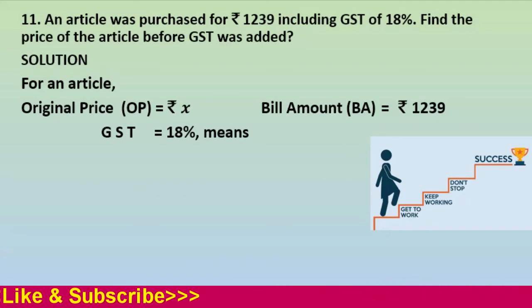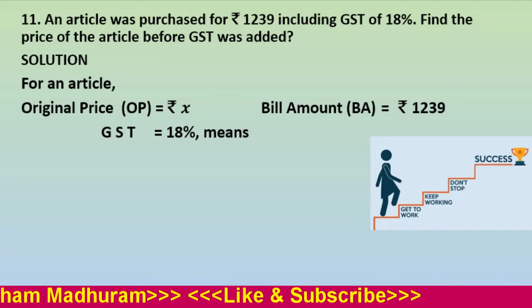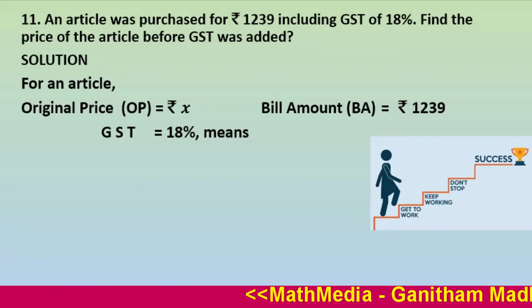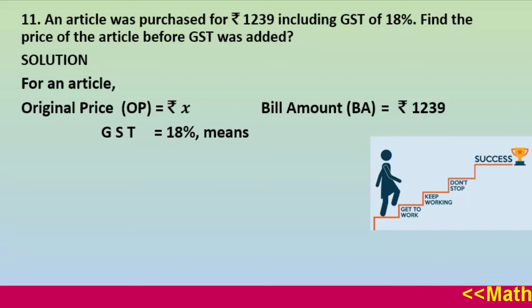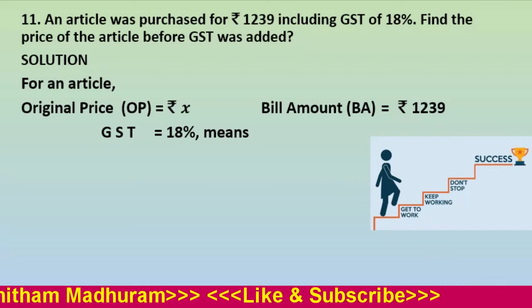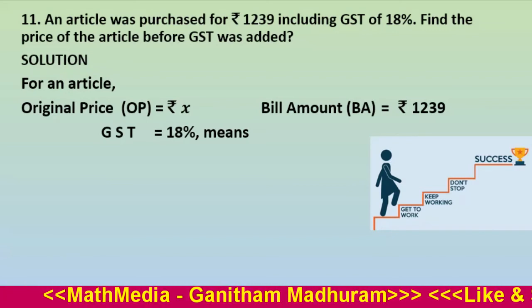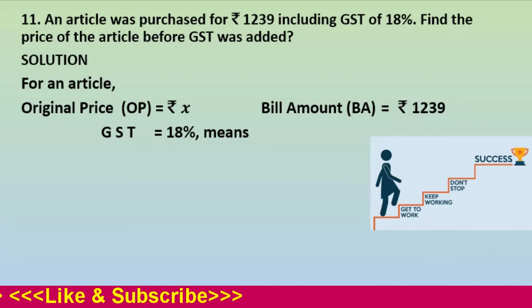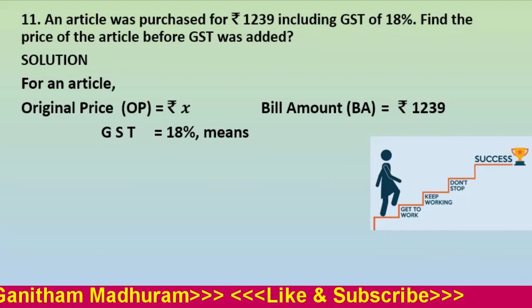What is the meaning of 18%? Yes, wherever it is given in percentage, we solve the sum by the cross multiplication method. Here 18% GST means for an object costing rupees 100, we have to pay rupees 118 to get the object.